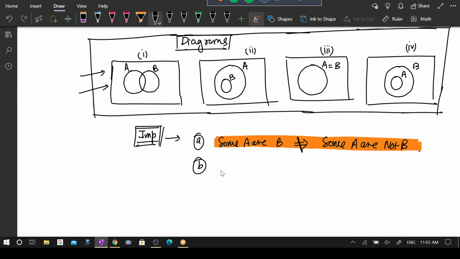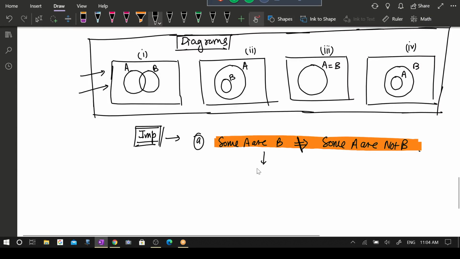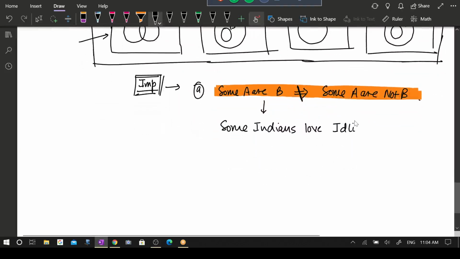Listen, I can give you an example. If you say, sir, how do you justify? Definitely, there has to be a justification for this. See, listen to me. Some Indians love idli. All South Indian friends of mine. Some Indians love idlis, right?